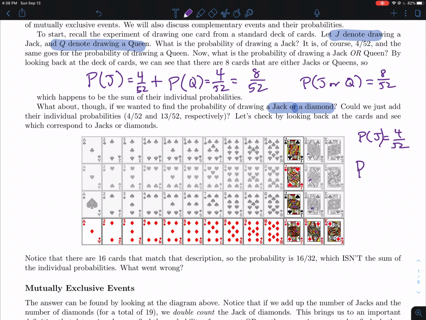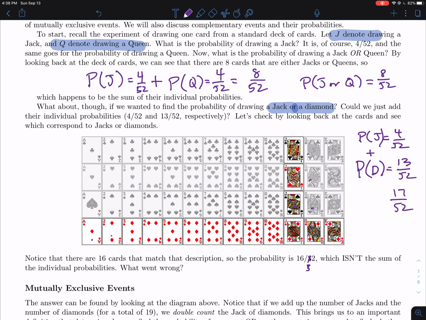The probability of getting a diamond is going to be 13 out of 52, because there's 13 total diamonds and they're the ones that are highlighted down below. So if what we said above was true, then we should be able to add these together and get 17 out of 52. I got a typo here too, look at that. I've got to fix that. All right, so if that's the case, let's actually add these up.